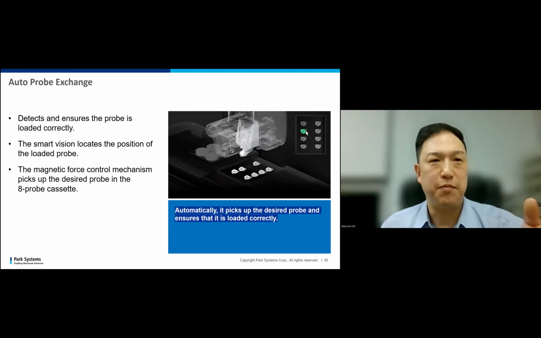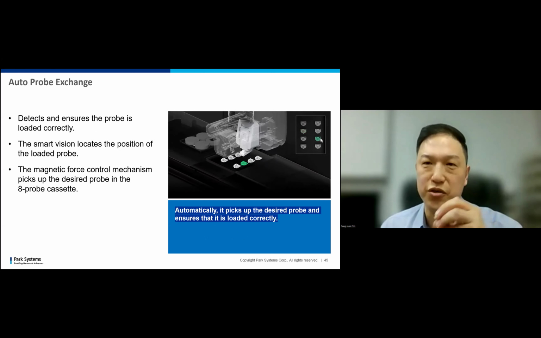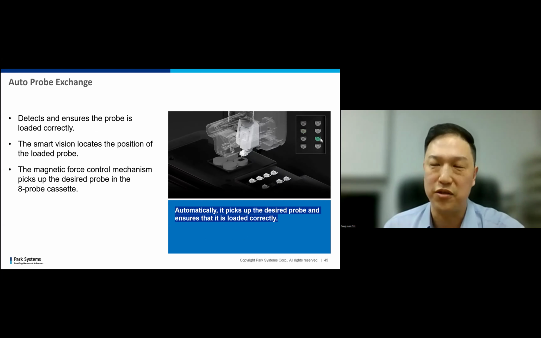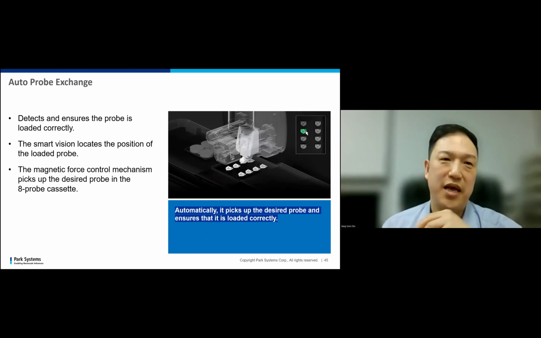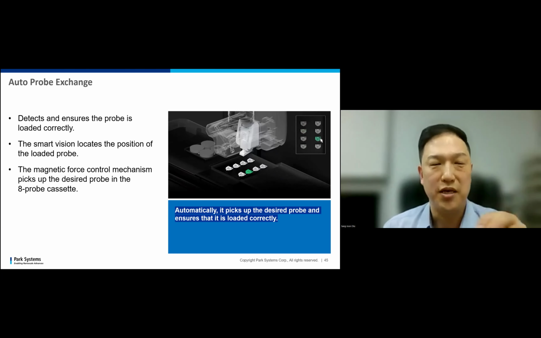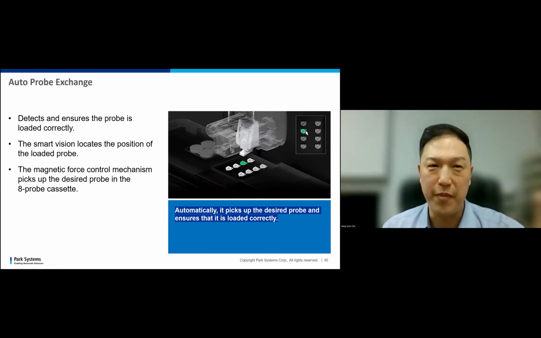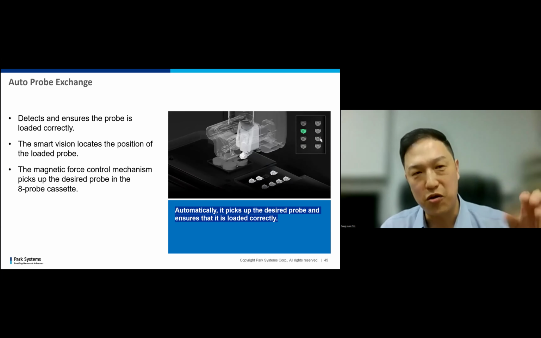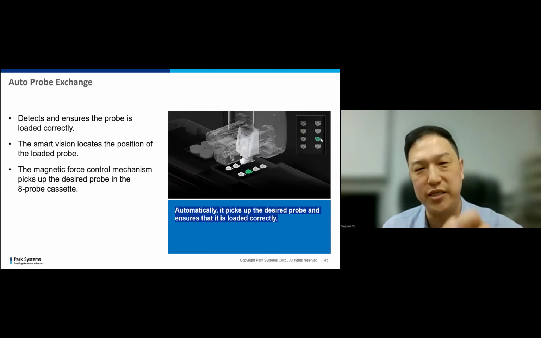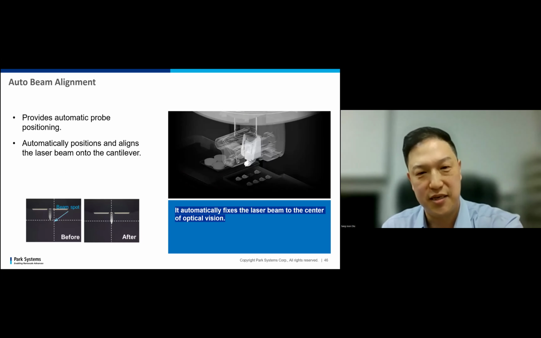A machine learning vision recognition detector ensures the probe is loaded correctly onto the designated probe slot, and smart vision recognition locates the position of the loaded probe. So it generates a status report during the probe loading. A magnetic force control mechanism picks up and designates the probe in the probe cassette.